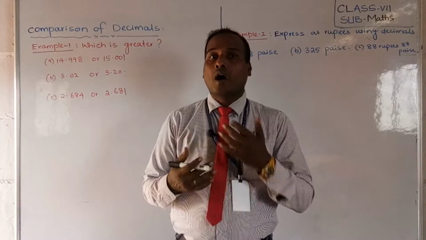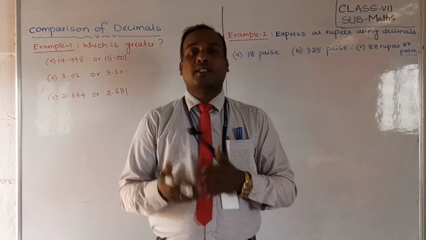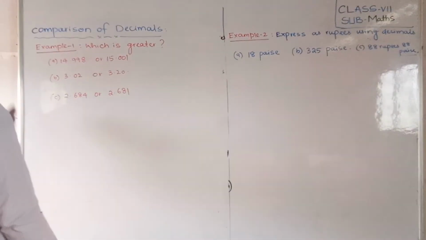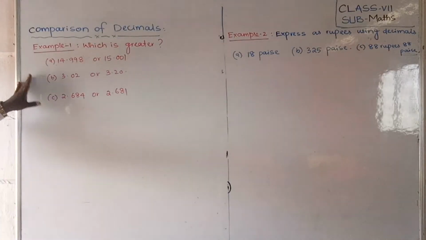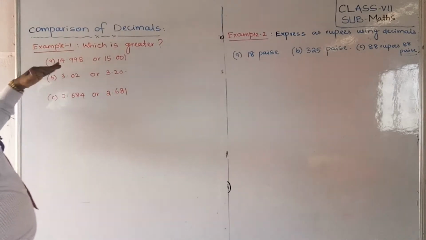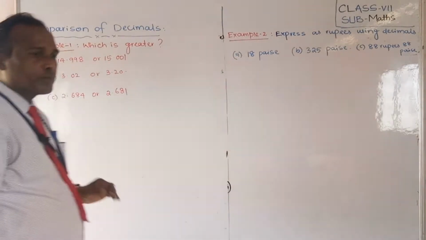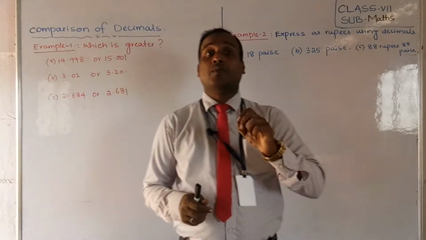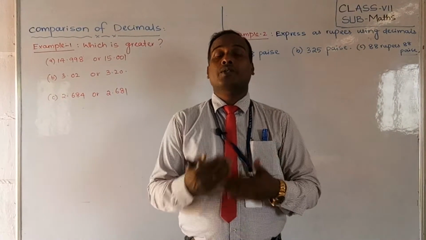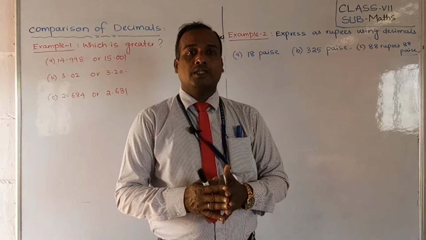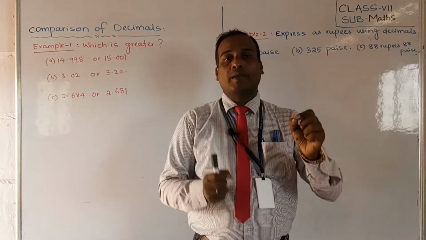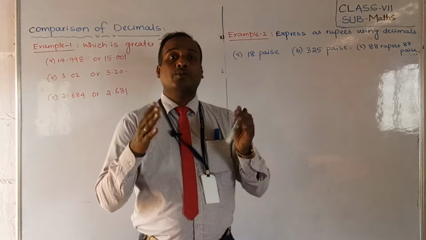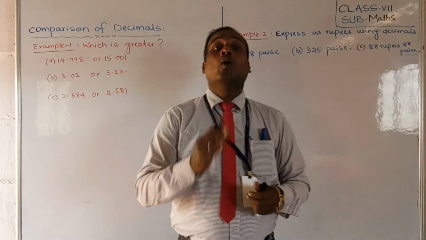First of all, we have to compare which decimals are greater or smaller. So before that, get the idea, students. Whenever you are going to compare, you have to remember three steps, three methods. Now listen carefully. Whenever you compare two decimals, first of all you have to compare the whole part.